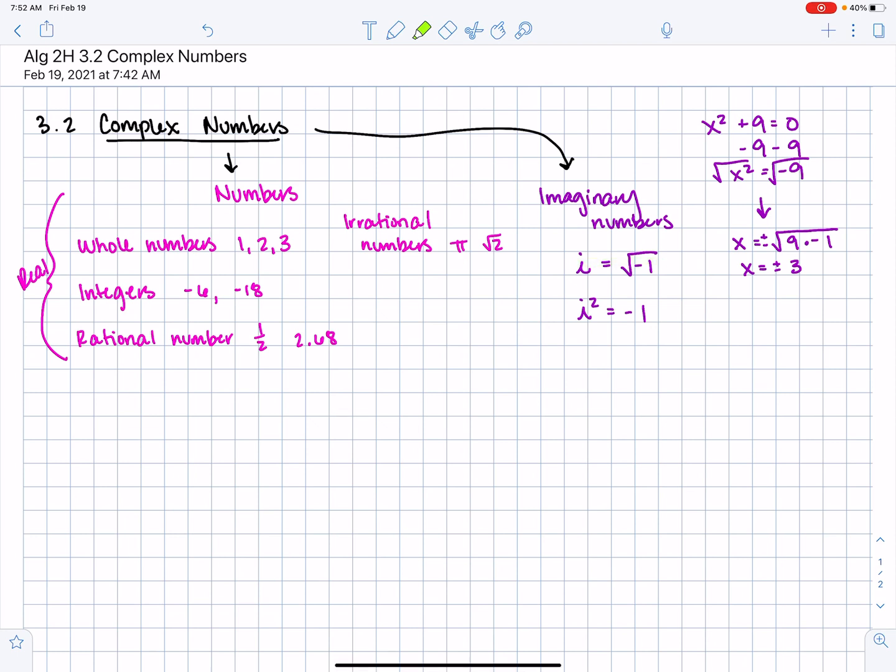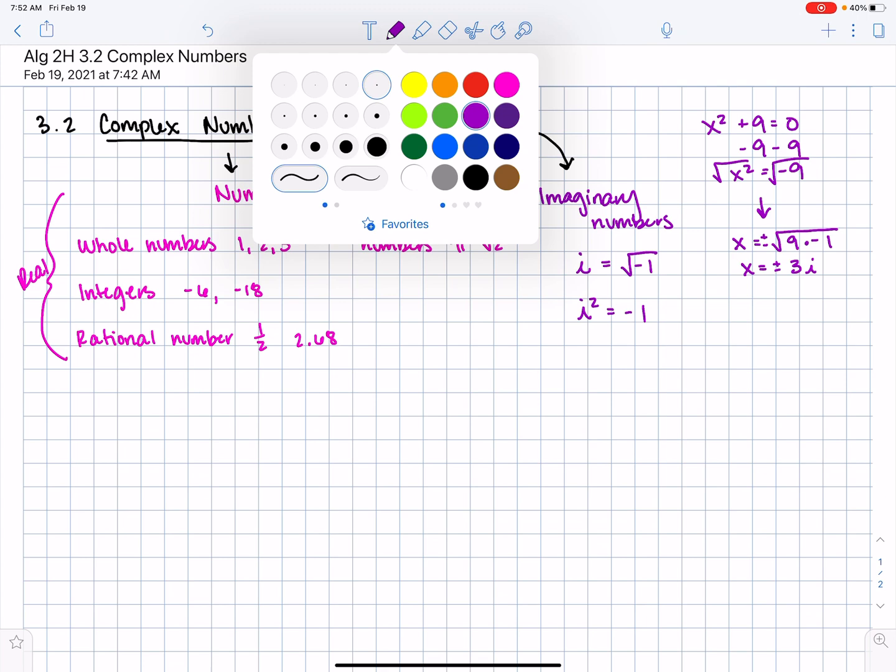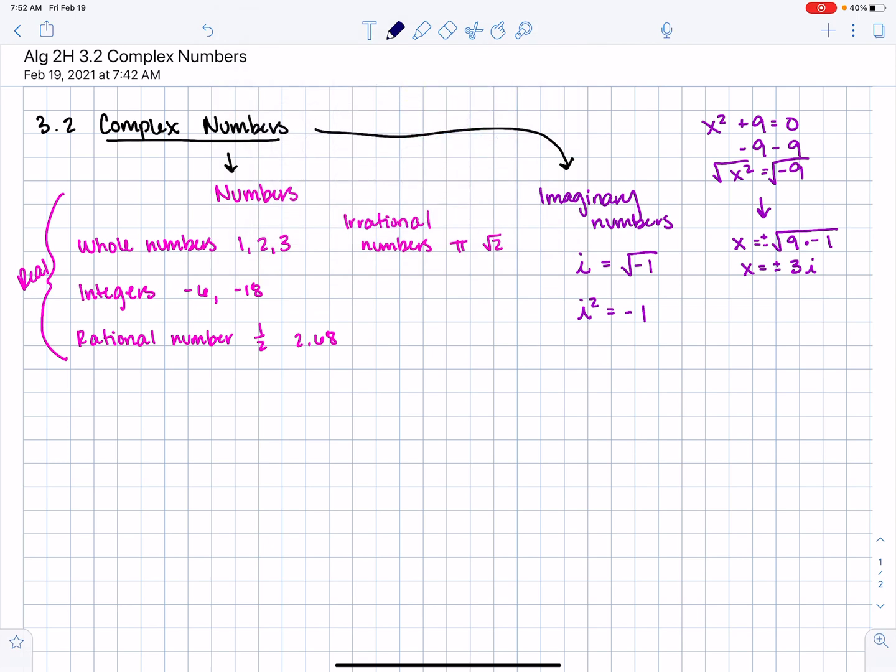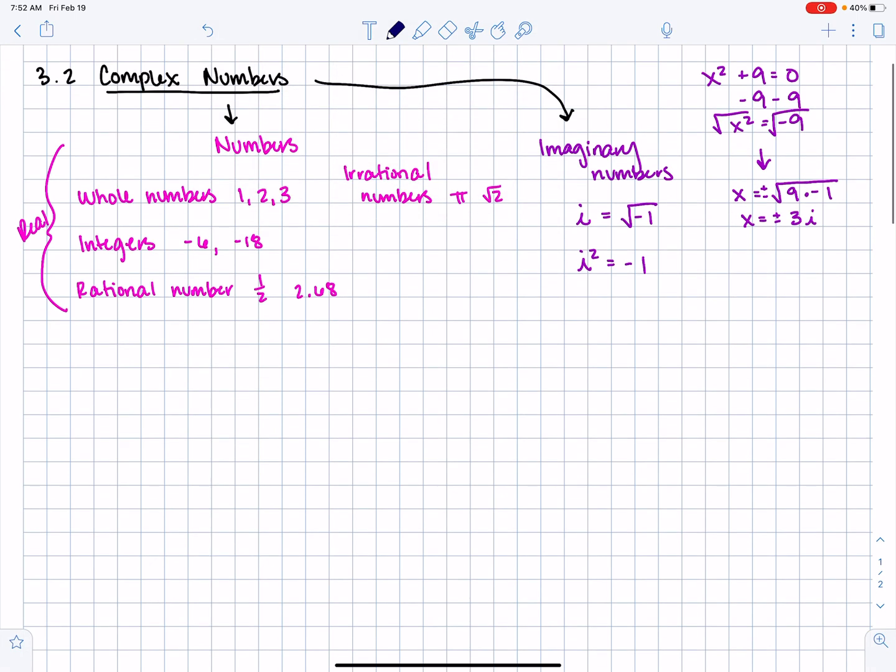So we'd say x equals plus or minus 3i. We are now able to answer these quadratic equations where we had said before, nope, doesn't have a solution. We're going to imagine and use this imaginary number to solve these equations. Let's take a peek at some examples, because it's easier to put in context.